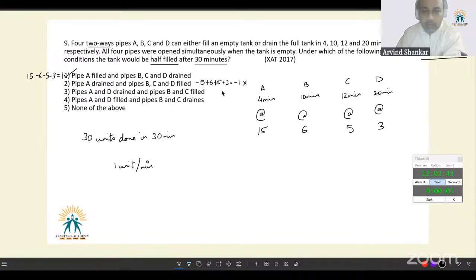A and D drained: -15 -3 plus 6 plus 5, which gets us to a net rate of -7. We don't want this. Pipes A and D filled will get us to a net rate of 7. The signs will simply change. And none of the above we can rule out because option 1 did indeed get us to the answer. The correct choice here is indeed option 1.